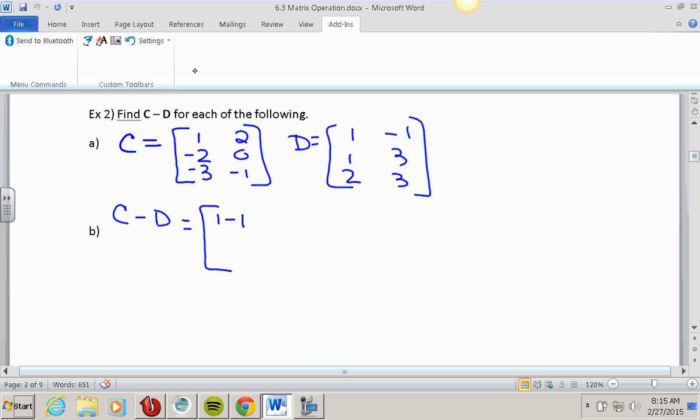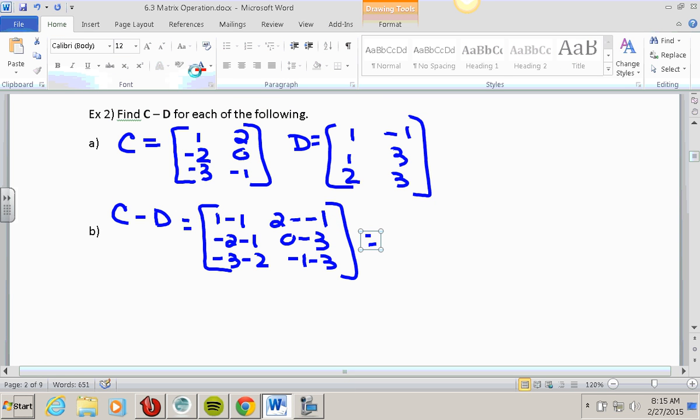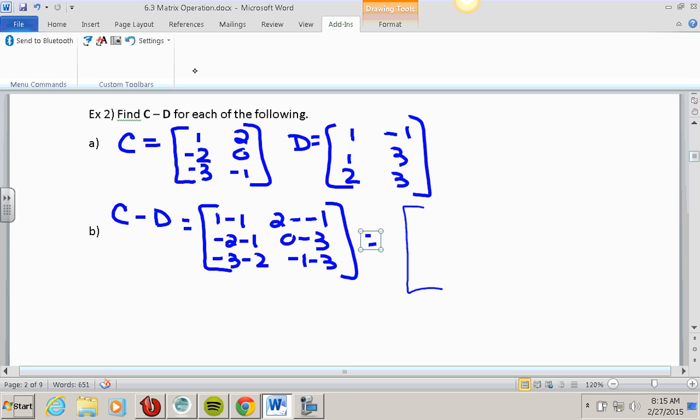So 1 minus 1, 2 minus a negative 1, negative 2 minus 1, 0 minus 3, negative 3 minus 2, negative 1 minus 2. So when we do subtraction here, we get 0, 3, negative 3, negative 3, negative 5, and negative 4. This should be pretty easy.